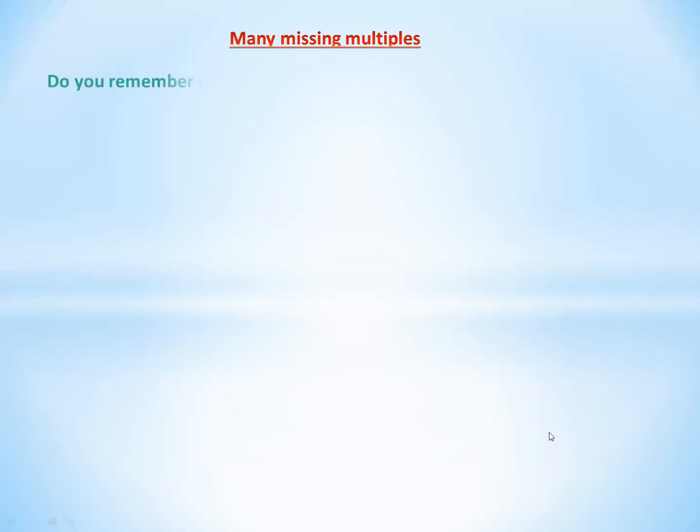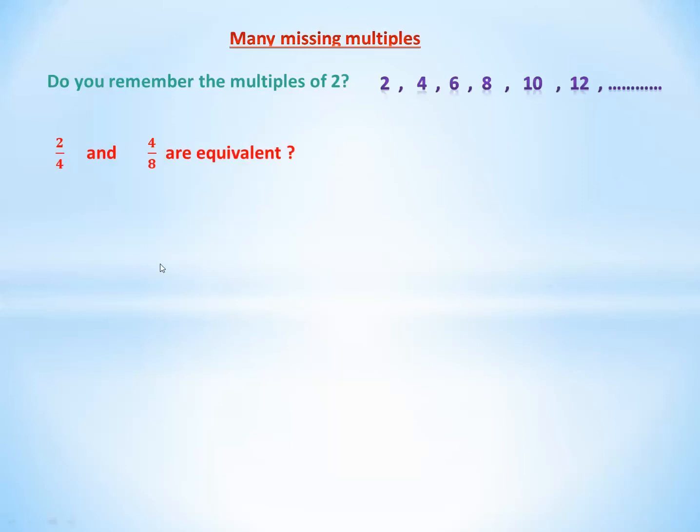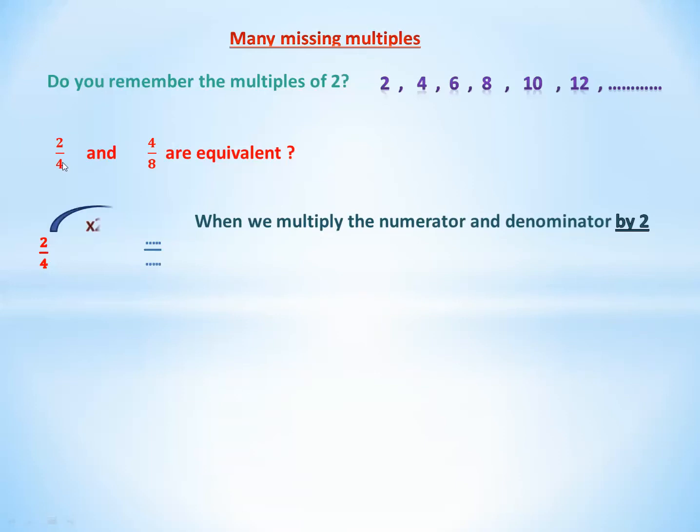Do you remember the multiples of 2? Yes, 2, 4, 6, 8, 10, and so on. 2 over 4 and 4 over 8 are equivalent. Why? Okay, let's see. 2 over 4, we can multiply it by 2 over 2. It will be 4 over 8.